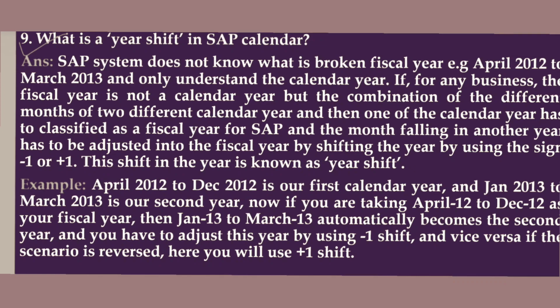Now, if you are taking April to December as your fiscal year, then January 13 to March 13 automatically becomes the second year, and you have to adjust this year by using -1 shift and vice versa. If the scenario is reverse, here you will use +1 shift.